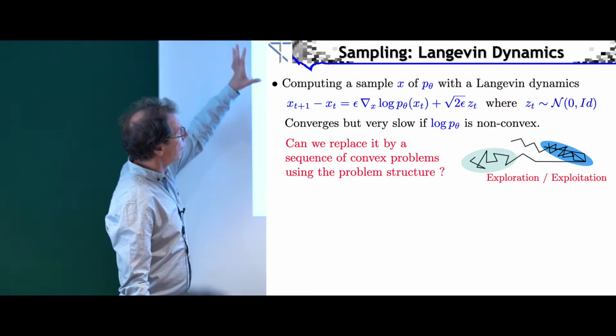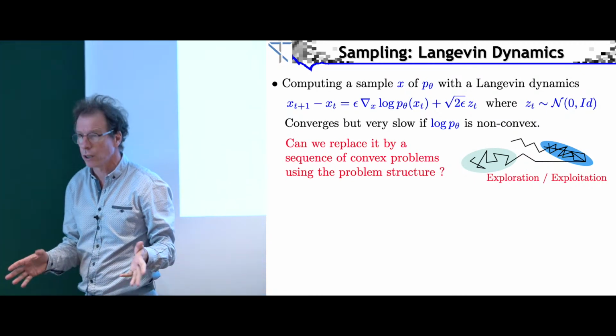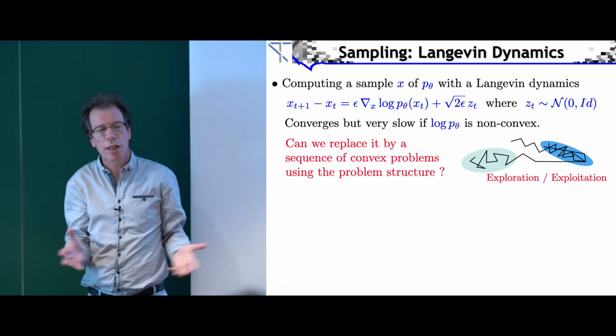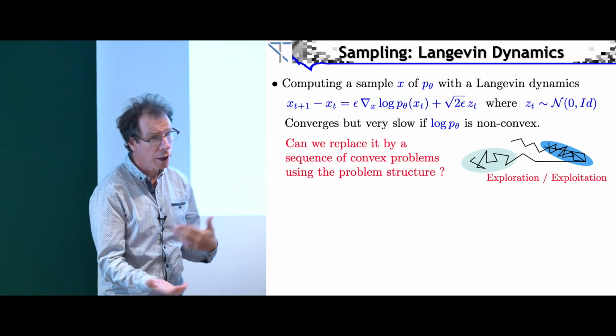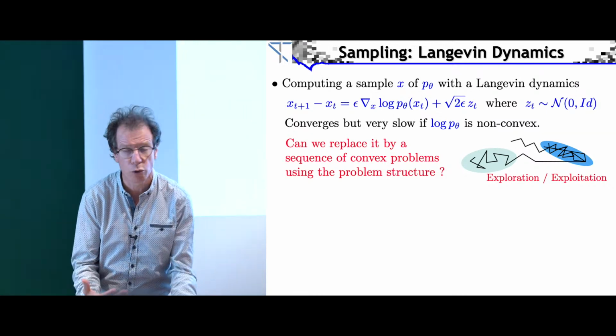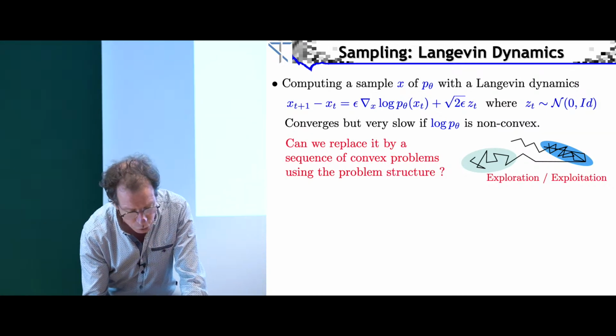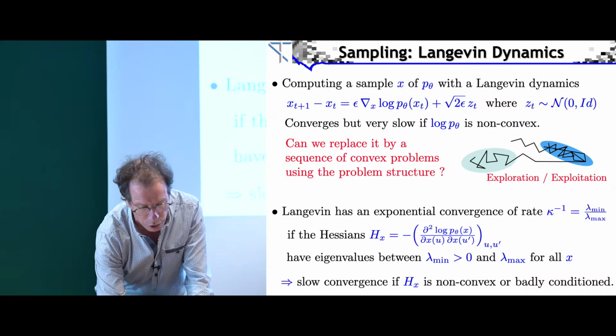So the question that I'm going to ask is: is it possible to avoid all these technical problems by essentially transforming the problem into a convex problem by using the problem structure? And what I would like to try to show is that it seems to be possible for a range of problems which is surprisingly large.